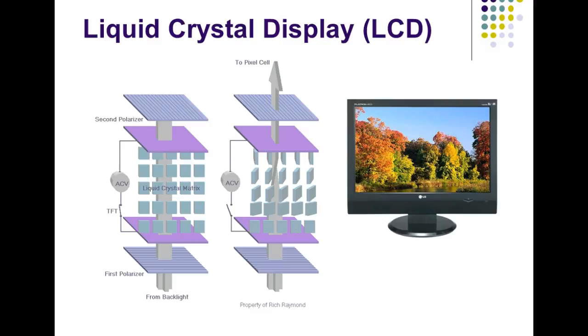And we have a polarized lens on one side of the liquid crystal display. The light goes through, and then up here, this is offset by 90 degrees. So if you got AC across there, this top lens does what? Blocks the light. If you take the AC off, then the light will follow the crystal and come through the top. And then we put a lens out in front of it, and the lens is going to be a certain color.